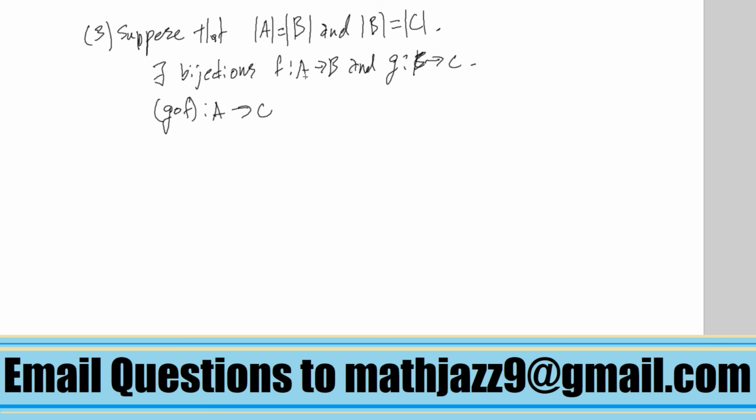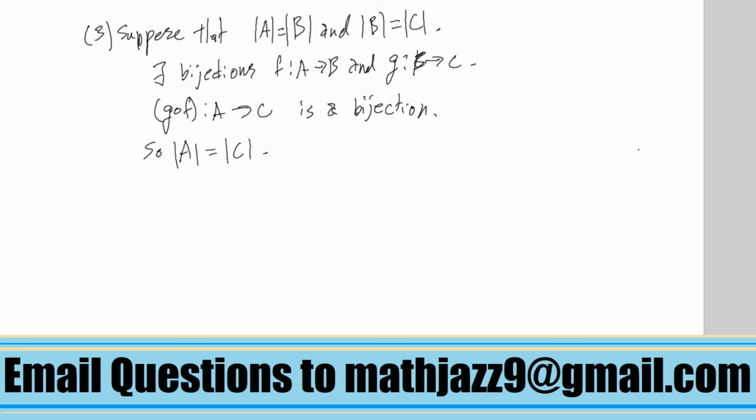That'll get you from A to C. It is a bijection, because the composition of bijections is a bijection. So we have a bijection from A to C, so A has the same cardinality as C. That's it. We just proved that cardinality is an equivalence relation.